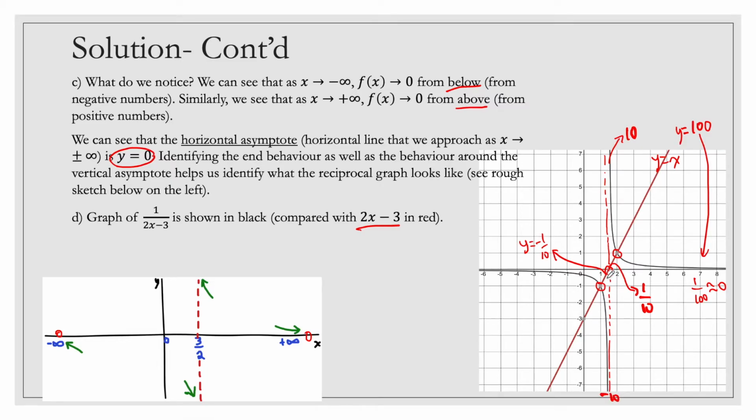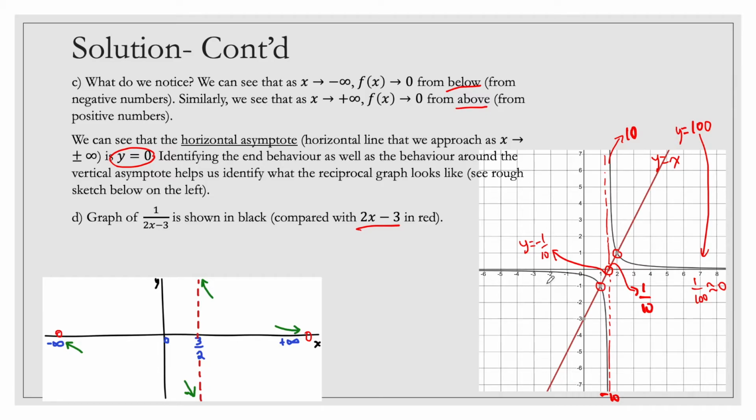And if we were to pick a value that was even smaller in the linear function, let's say I had chosen negative 1 over 100, we would see that its reciprocal value would simply be negative 100. So we can see here that when the y value of the linear function is a very small negative number, the reciprocal value is going to be a very large negative number.